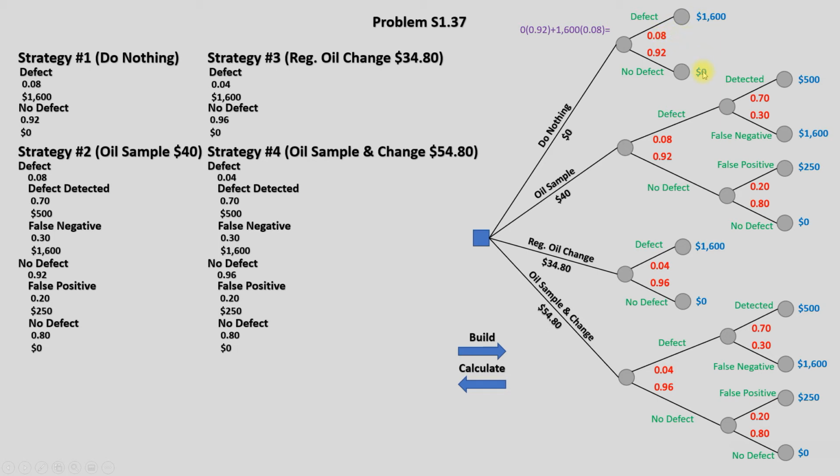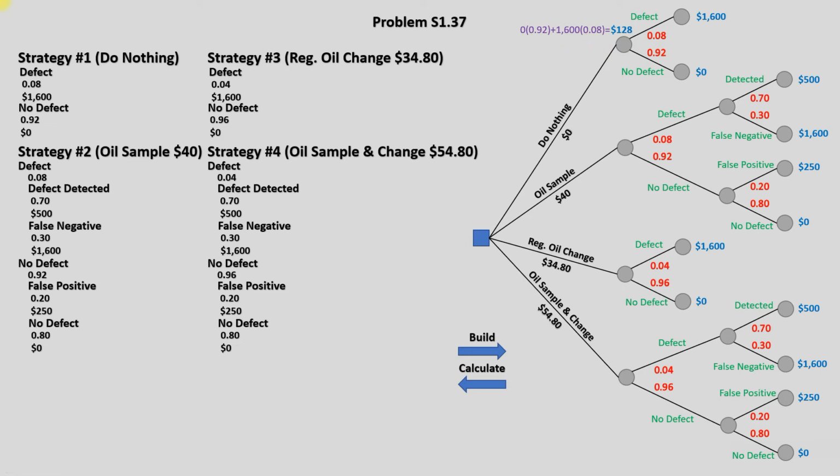Again, the value at the end of the branch, multiply it times its probability, you add them together. So in this case, we're taking 1,600 times 0.08 plus 0 times 0.92, adding them together, and we're getting $128.